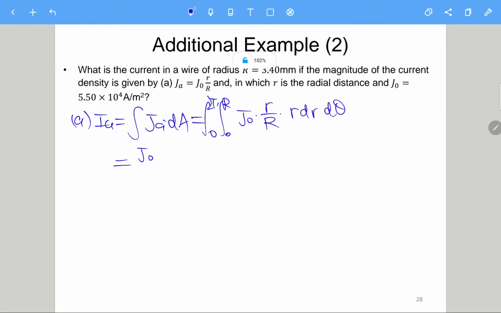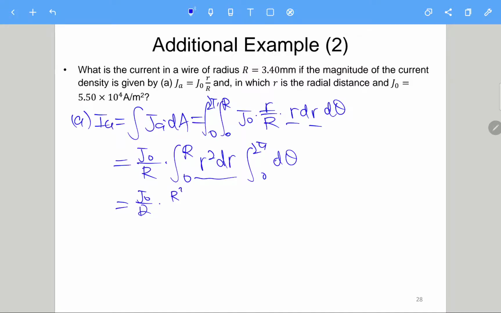So it is J0 over R times the integration from 0 to capital R of r squared dr, and then d theta from 0 to 2 pi. In this case, we have J0 over R, and this one is R cubed over 3, times 2 pi, so it is 2 pi R squared over 3 J0.